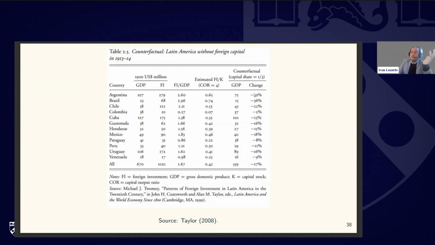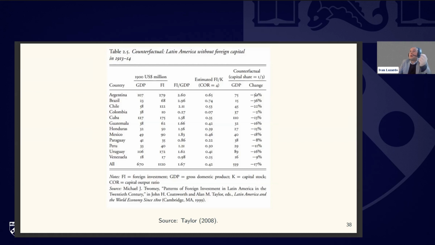So of course, that depends on how relevant foreign investment was, and what we can conclude is that, for instance, in these countries where foreign investment played a key role in boosting their economic growth, such as the case of Argentina, the GDP would be substantially lower without foreign investment.